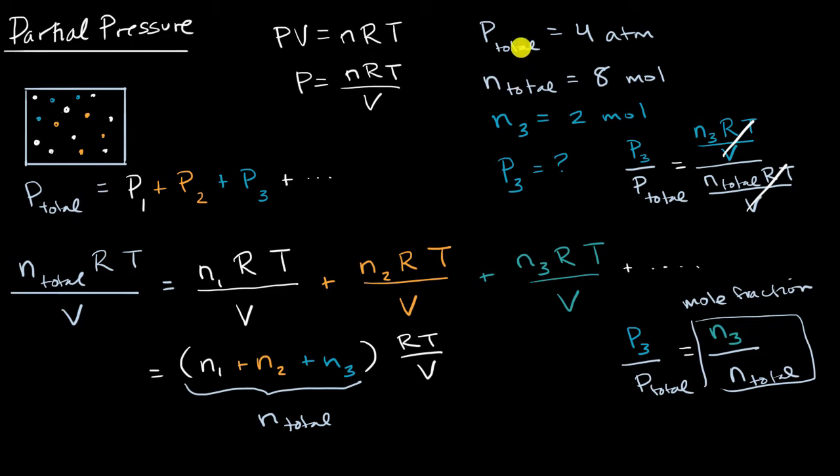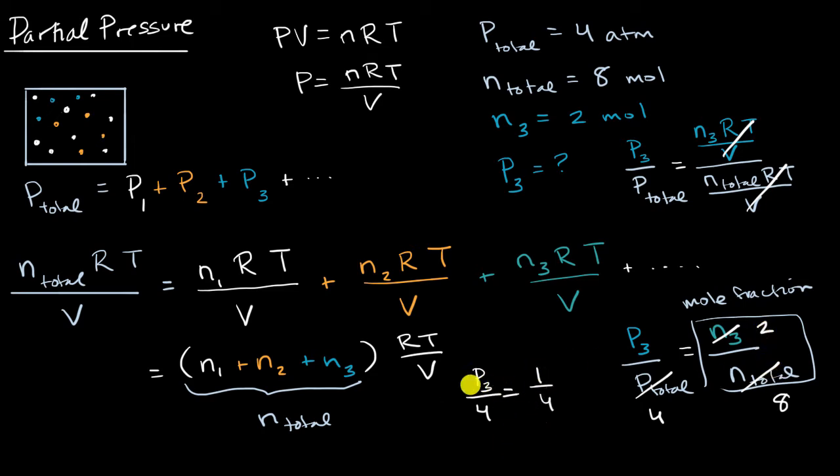So for this example, if we just substitute the numbers, we know that the total pressure is 4. We know that the total number of moles is 8. We know that the number of moles of gas 3 is 2. And then we can just solve. We get, let me just write it over here, that the partial pressure due to gas 3 over 4 is equal to 2 over 8, which is equal to 1/4.